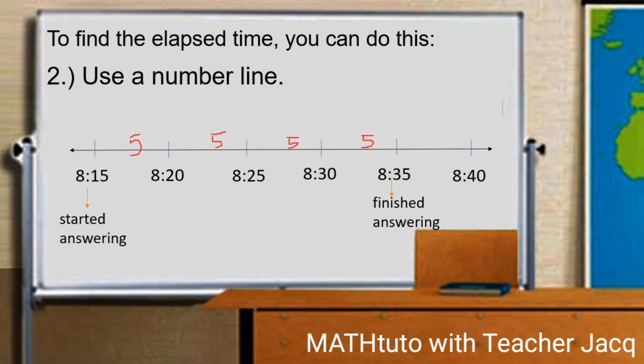Okay, so we will add the 5 minutes to get the number of minutes RJ used or consumed in answering his activity 1 in math module. So 5 plus 5 is 10, 10 plus 5 is 15, and 15 plus 5 is 20. So 20 minutes yung nagamit ni RJ sa pagsagot ng kanyang Activity 1 Math Module.